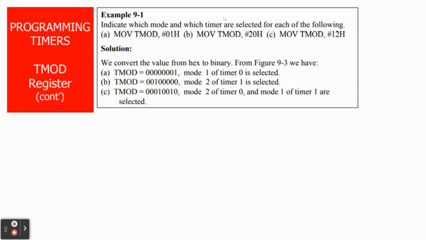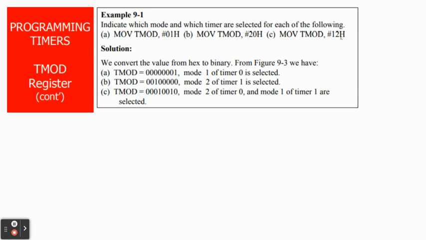Now for letter C, same thing, but we have two numbers here. One, which is 0001, and two, which is 0010. So the number 1 in hexa is 0001 in binary, and the number 2 in hexa is 0010 in binary.